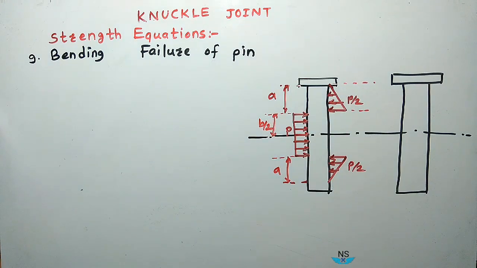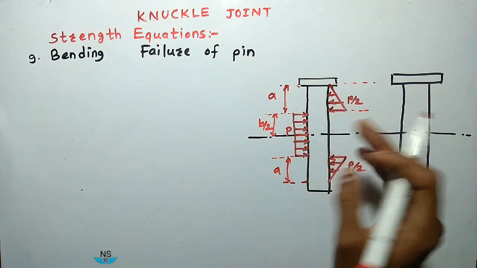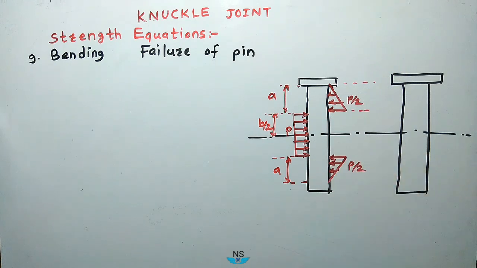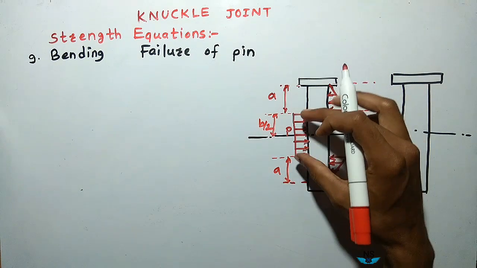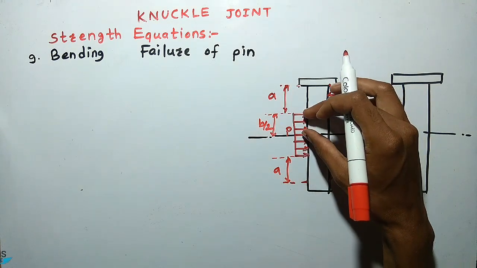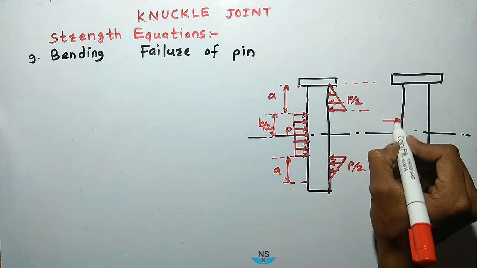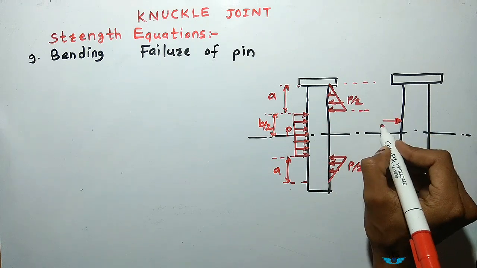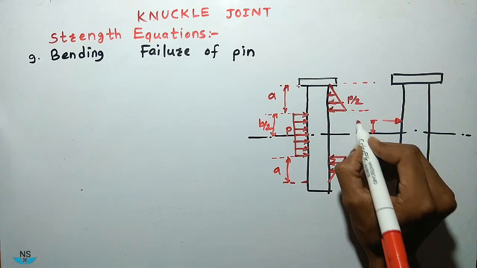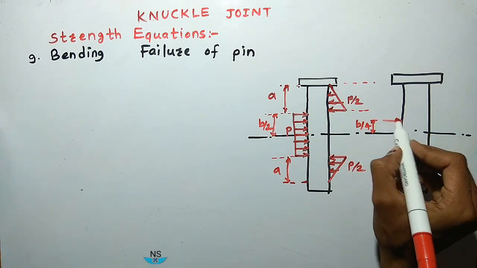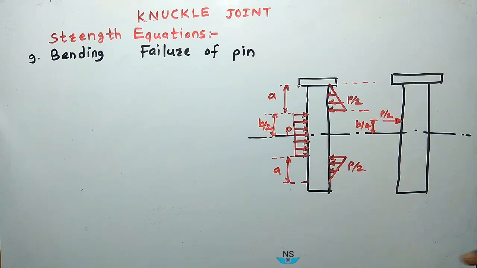Now let us convert this UDL into a point load and this UVL into a point load. So this is P by 2, acting at the center of b by 2, meaning at b by 4. So this is the point load.